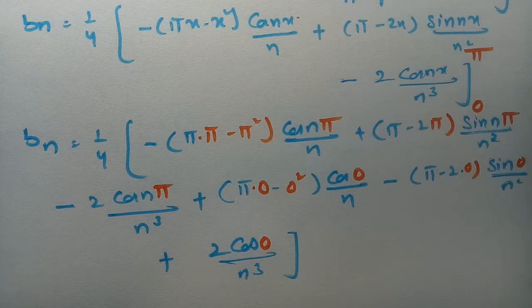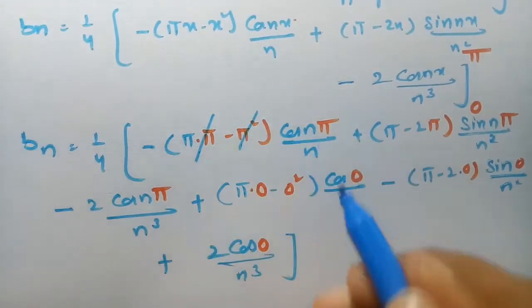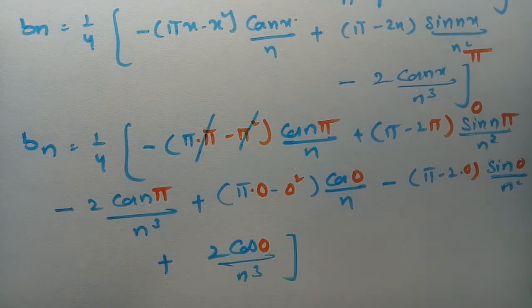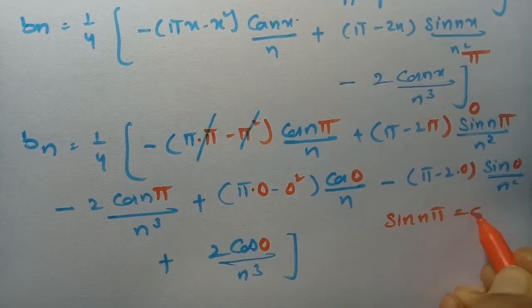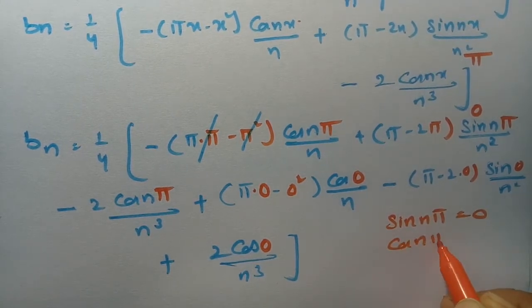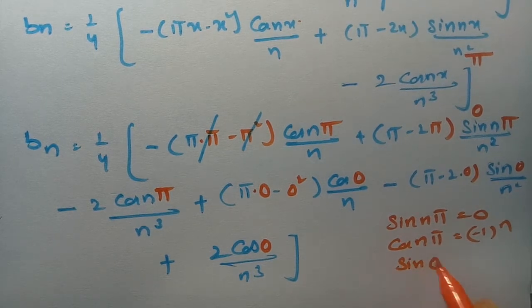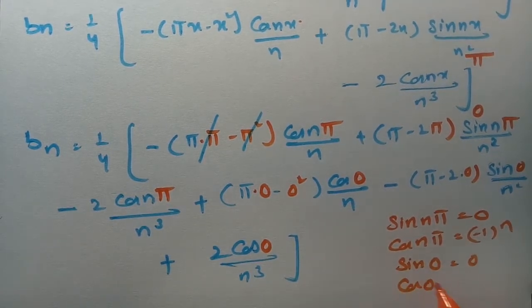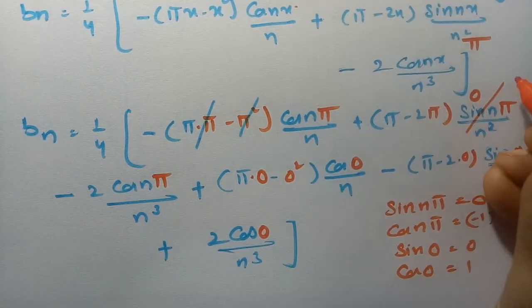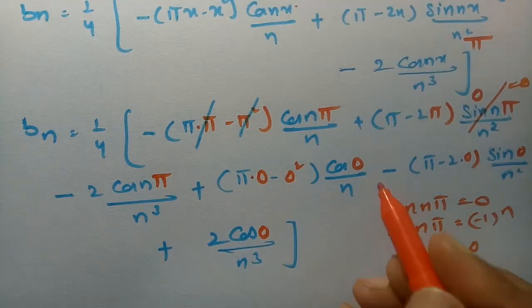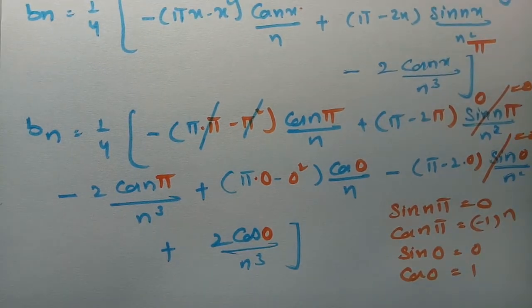If you observe this, this is pi square and this is pi square, so this will be cancelled. Later we have certain values: sine n pi value is always 0, cos n pi value is nothing but minus 1 power n, sine 0 value is always 0, and cos 0 value is 1. So what remains here?